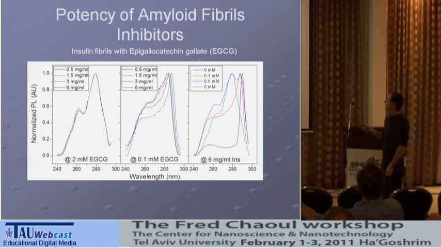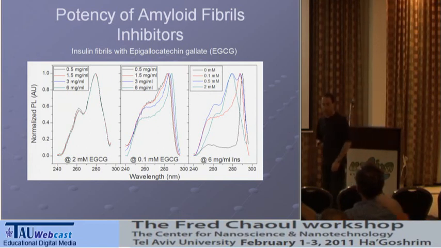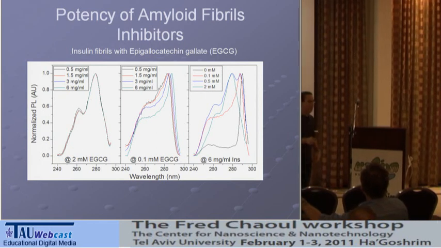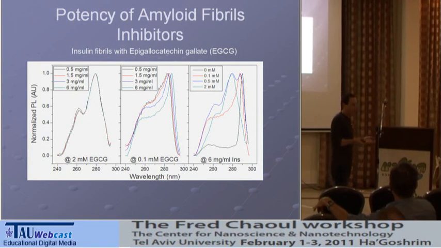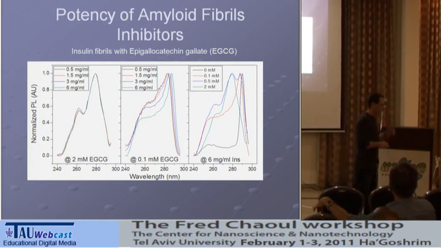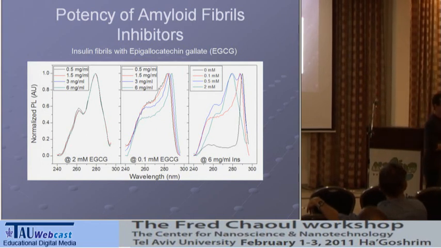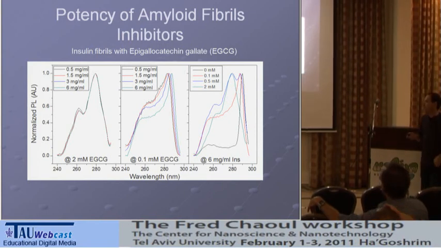And so I'm using insulin, and we know that there is a molecule called epigallocatechin gallate, or EGCG, and it inhibits fibril structures of insulin. When I added it, I cannot see insulin. So I checked if the photoluminescence excitation is changing as a function of adding the inhibitor, and indeed it does.